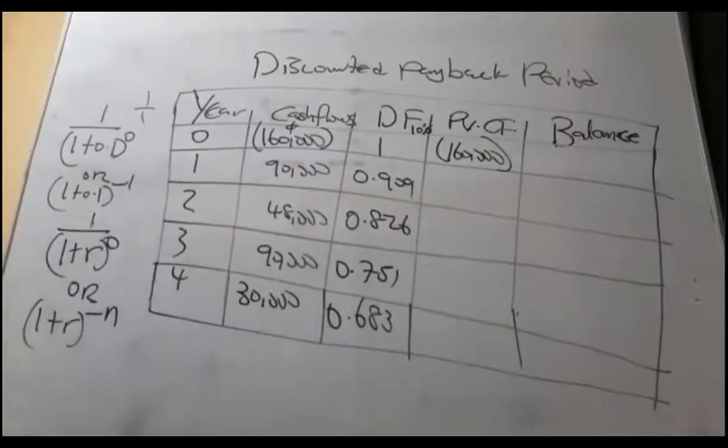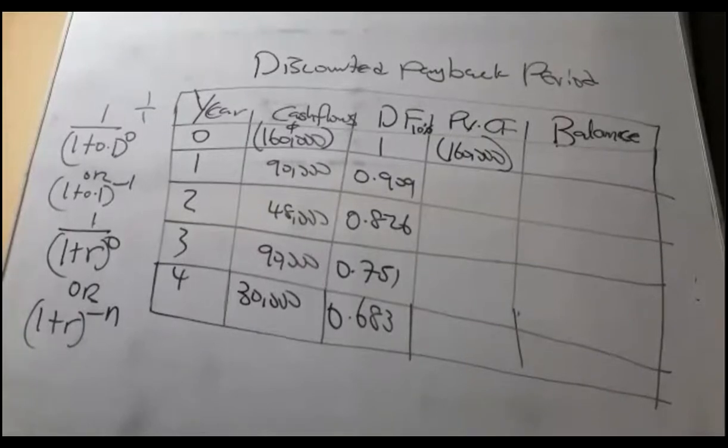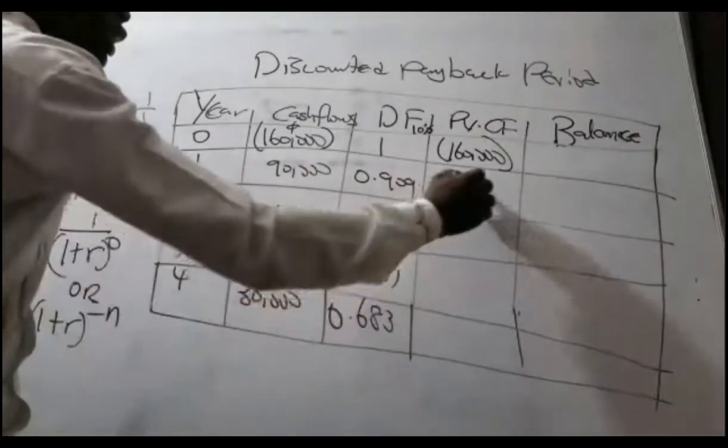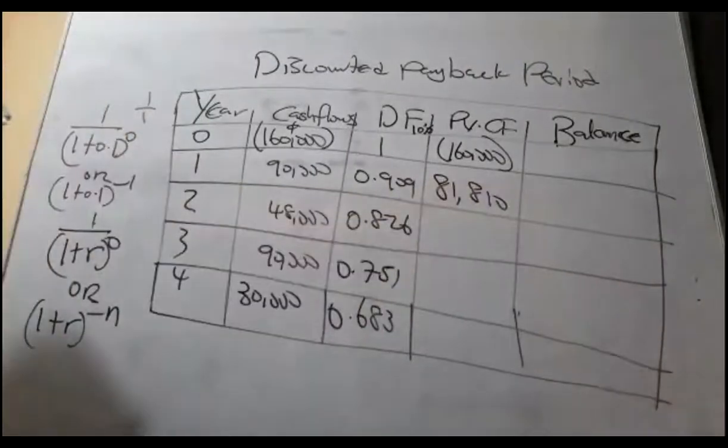This by this. Great. Give me 81,810. So 81,810.